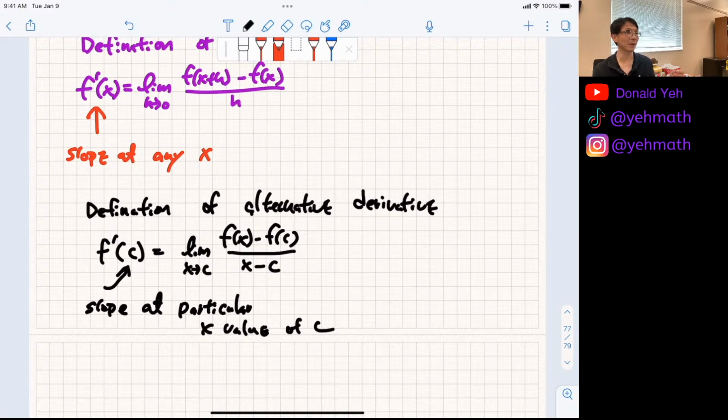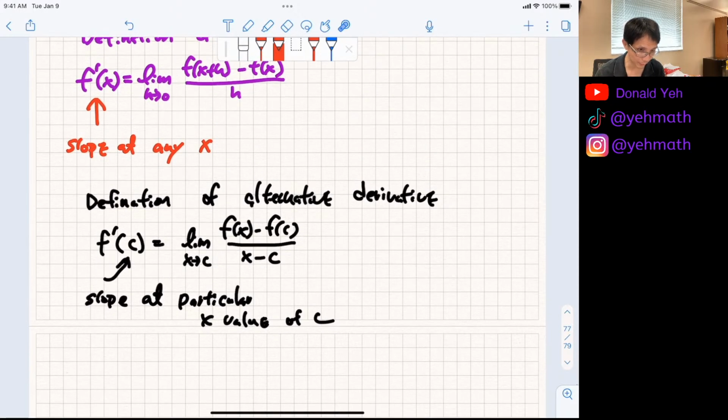I can find out the slope at this point if I apply this equation. So it does not give you a general expression, it gives you an evaluation. For example, if your slope is going to be 3, it's going to tell you 3. If the slope is going to be 5, it's going to tell you 5. As opposed to this one, which usually gives you something like 2x squared. Then you can plug in x equals 1, that's going to give you 2, x equals 2, that's going to give you 8. So this one gives you some type of expression, and this one usually just gives you an evaluation. An evaluation is some type of number. So that's what it's going to become.